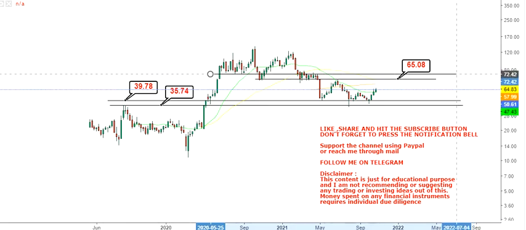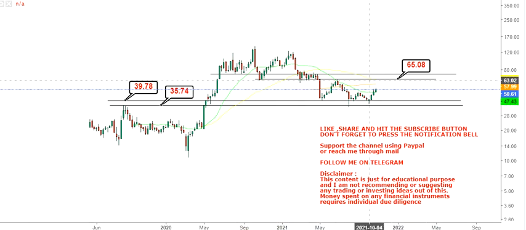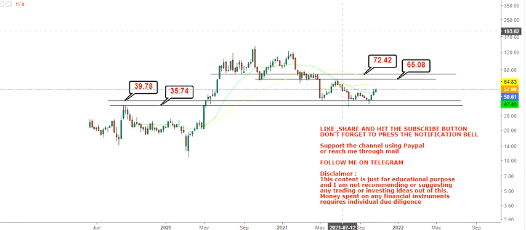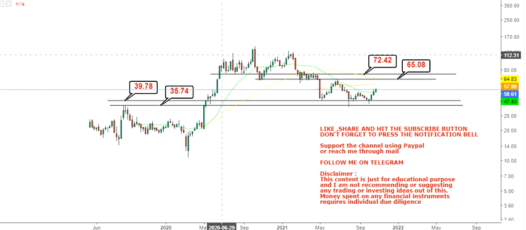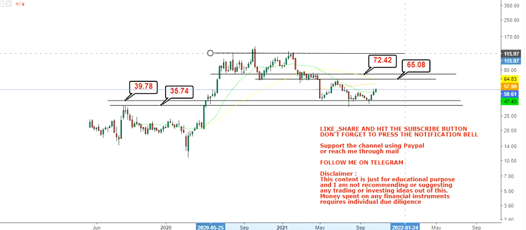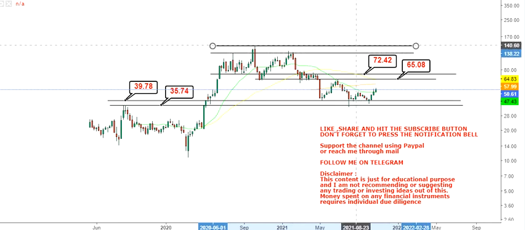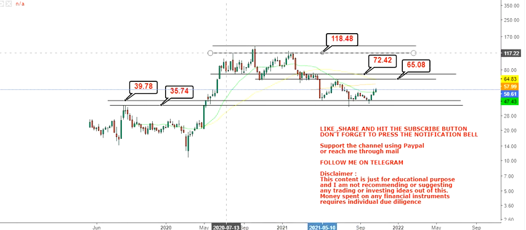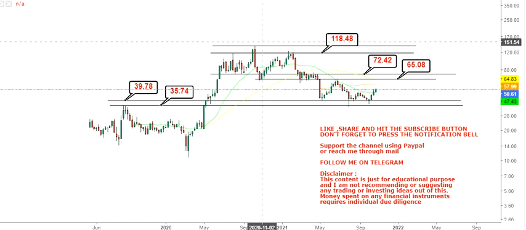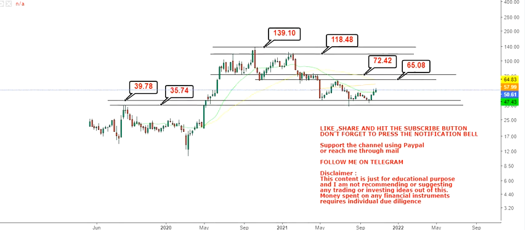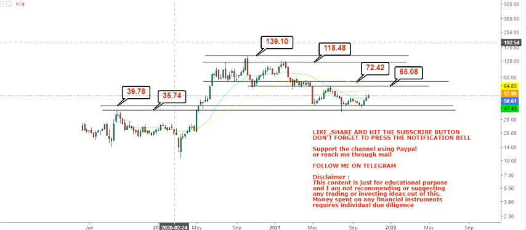Then we have our next target at 72.4, and if you are looking at the upper end of the range, it will be between 118 and $139. Okay, so this is how the current section looks.